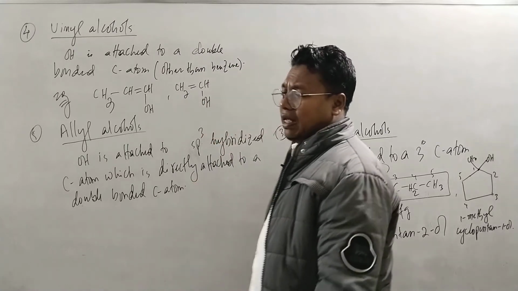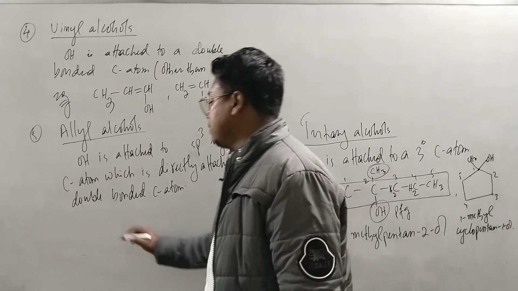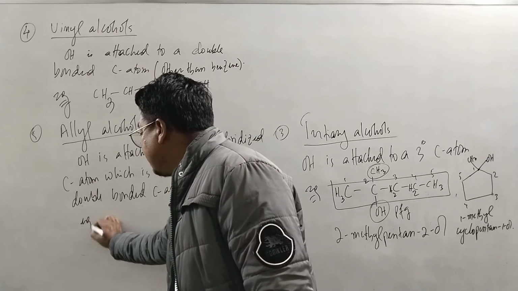Let me give one example of allyl carbon atom first, then we'll convert that into allyl alcohol.